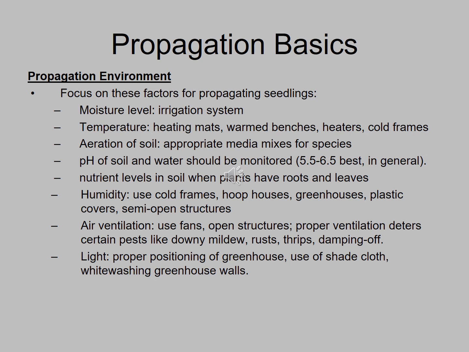And proper lighting. Maybe your plants might require just full sunlight or partial shade, and they should be given that when you are propagating them. And sometimes plants require extra light. I know one year we grew dahlias in this class, and so we installed lights in the greenhouse and kept them on for 16 hours a day is what was needed to get them to flower pretty quickly.